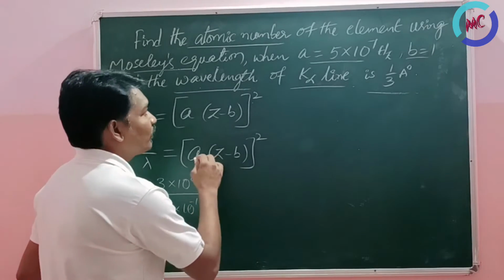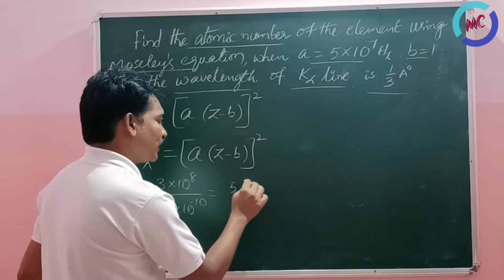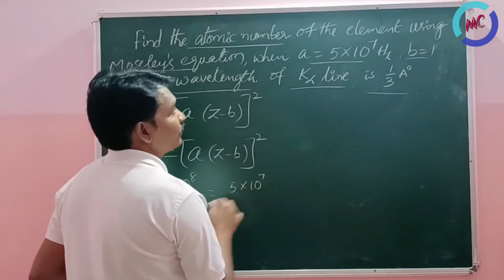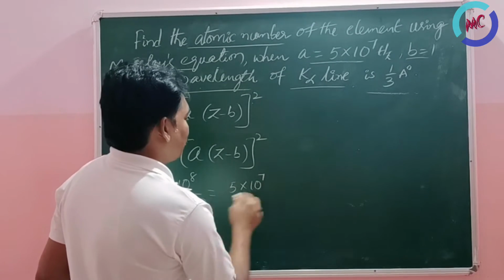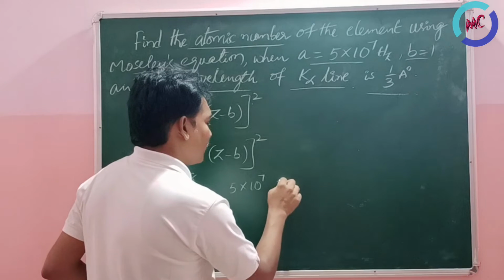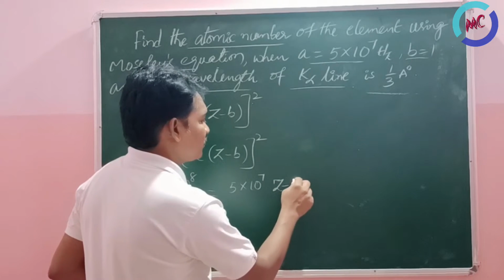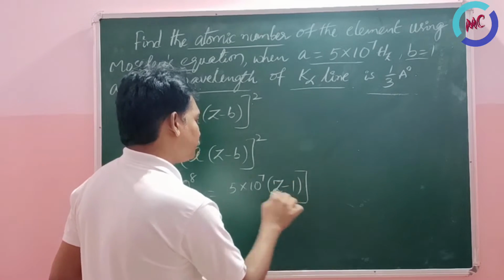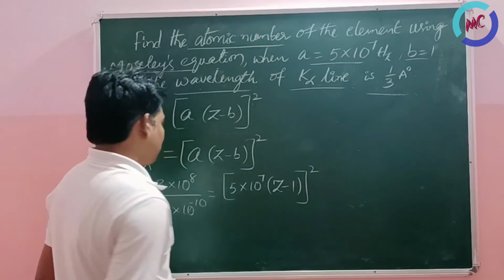That is equal to, what is the A value? The given A value is 5 into 10 to the power of 7 hertz. We don't know the Z value, we have to find it, and the given B value is 1. Let us simplify this.